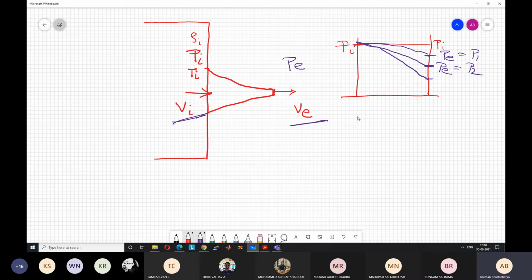So the problem is that for subsonic flow, the velocity increases with decreasing cross-sectional area, like in a convergent nozzle. For supersonic flow, velocity increases with increase in cross-sectional area. This can be easily derived. In fact, we have done this in our power plant course.